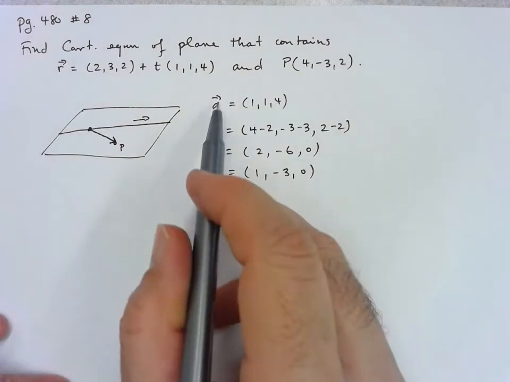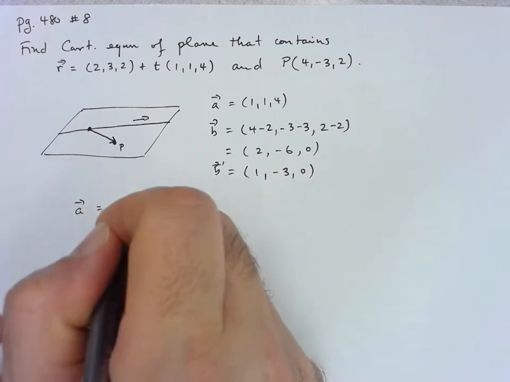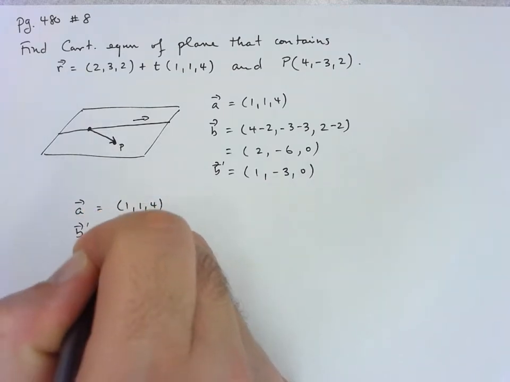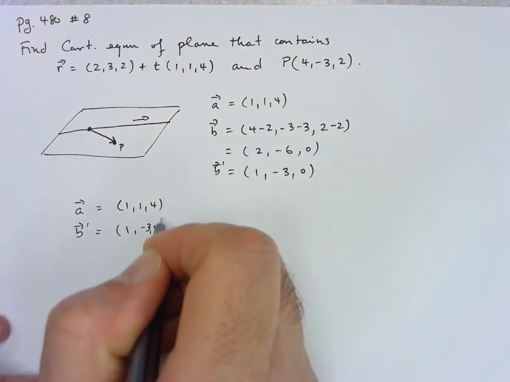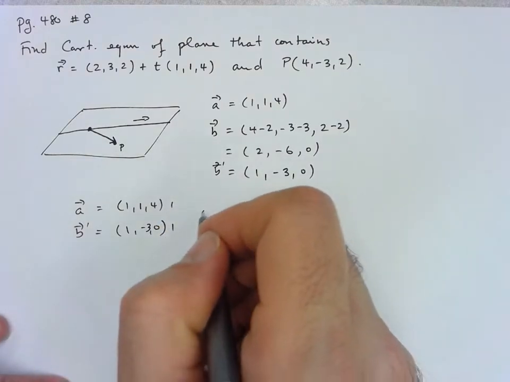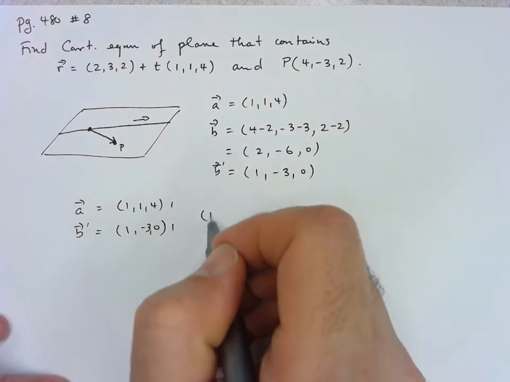Once I have these 2 direction vectors, I can take their cross product. So 1, 1, 4, and I'll write them one over the other, B prime there, which was 1, negative 3, 0. This will make it easier to determine the cross product. So what do we have here? We have 0 plus 12.